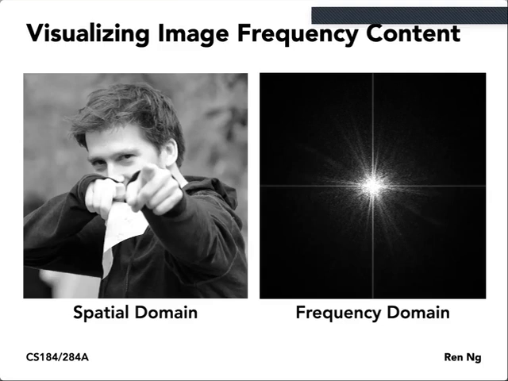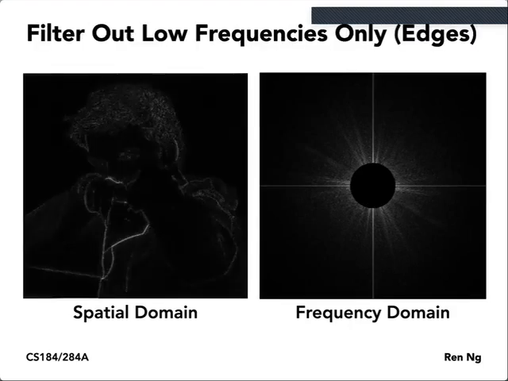So if I show you an image here on the left-hand side, and I show you its frequency domain representation on the right, this is the Fourier transform, we can look at certain filterings of it as follows. We could filter out all the low frequencies. I just deleted all the frequencies that are close to the origin in the frequency domain. This is the image on the left-hand side that corresponds to what remains. What do you see?